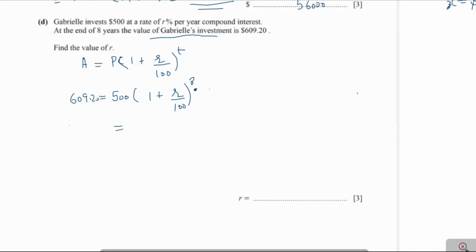Now we can write it as 609.2 divided by 500 equal to 1 plus r over 100 power 8. Now we divide this value, we get 1.2184. That's equal to 1 plus r over 100 power 8.